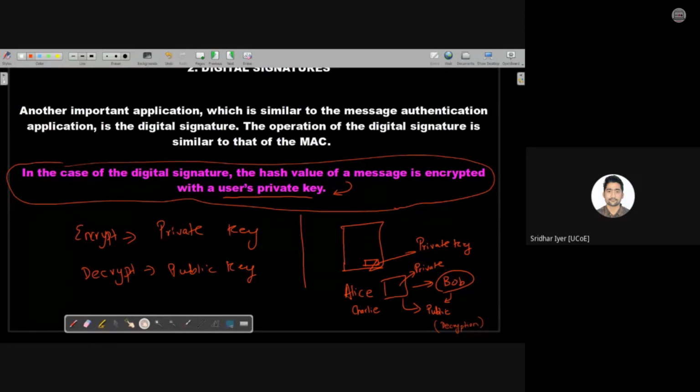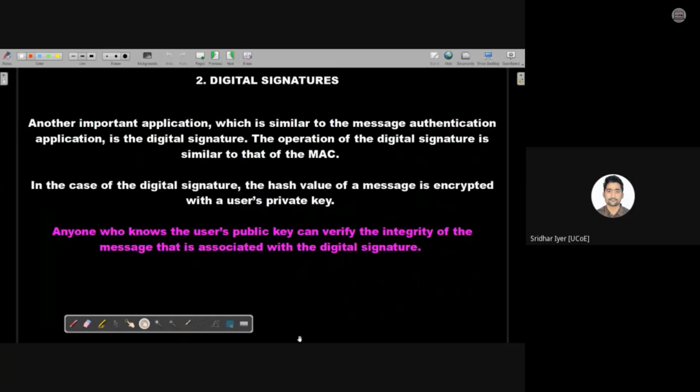Okay, fine. So the explanation is again properly mentioned in the next slide. I just wanted to explain it once again. Okay, so just have a look. See the highlighted portion. Anyone who knows the user's public key can verify the integrity of the message or basically the authenticity of the message that is associated with the digital signature.